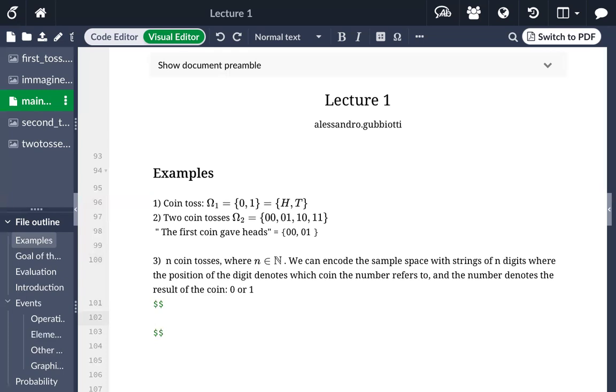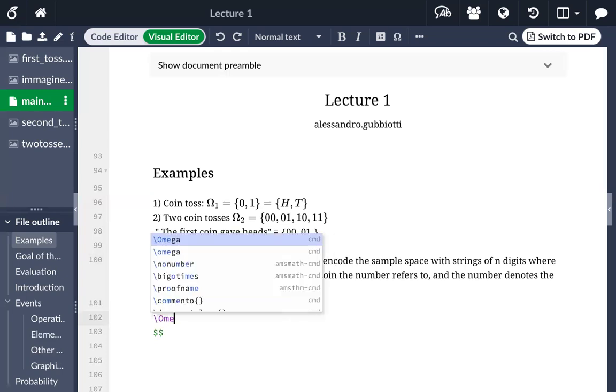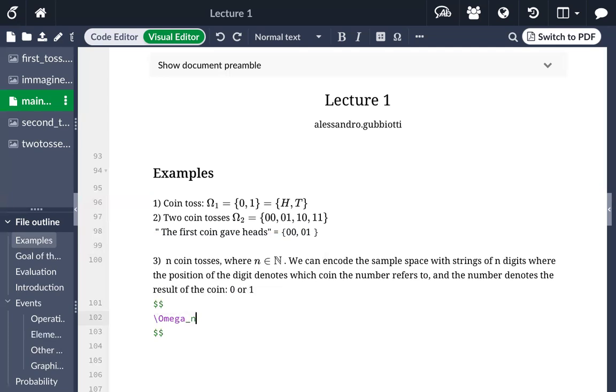So let me try to write this space. There is the first one, which is all zeros until the nth digit. Then zeros and one, etc., etc.